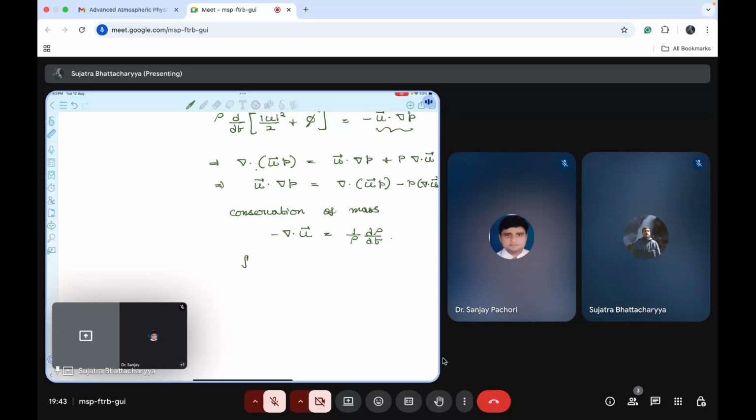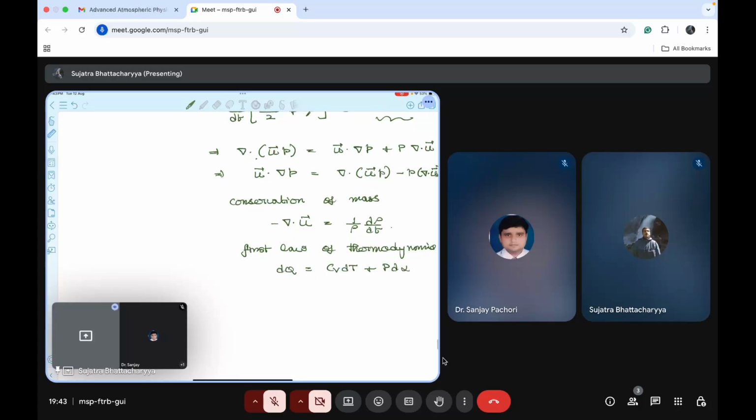Use first law of thermodynamics. There are so many connections. First law of thermodynamics says that dq is equal to cv dt plus p d alpha. Alpha is specific volume. I have already explained. You can write p dv also. That's okay. So 0 for adiabatic process: cv dt plus p dv.